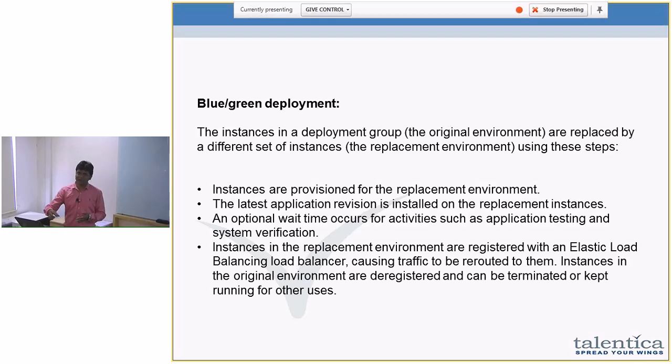Deployment is done first on those replacement boxes, and they then get registered with the ELB, and the earlier boxes get deregistered. In this case, it will increase our cost, because we have to register new instances. Correct. So we can use Spot Fleet as well if cost is a matter.